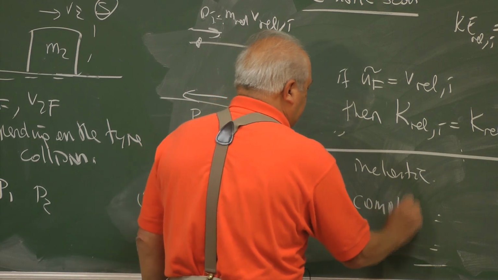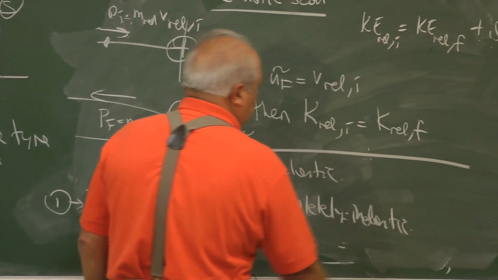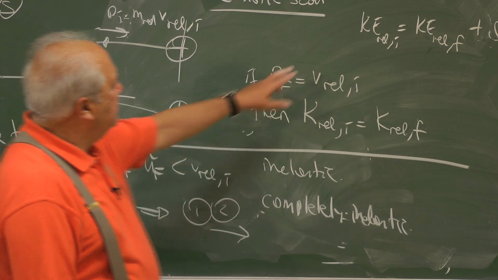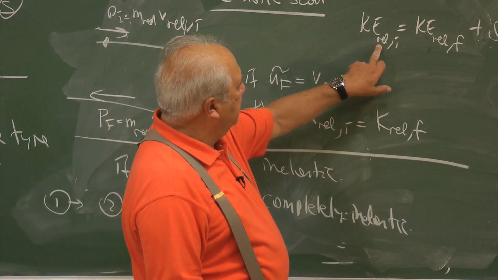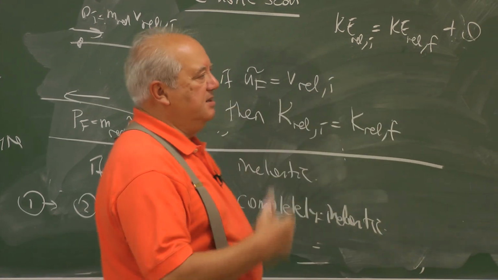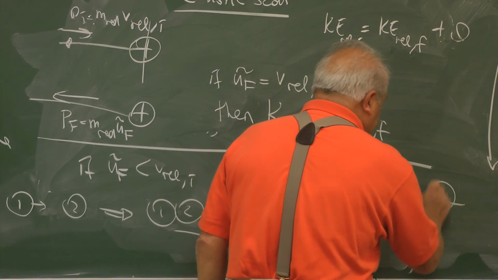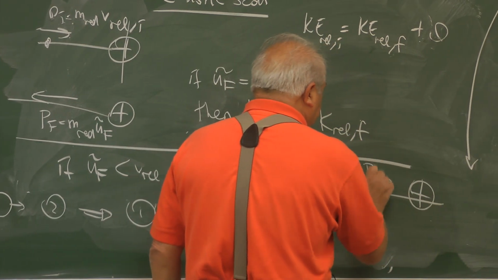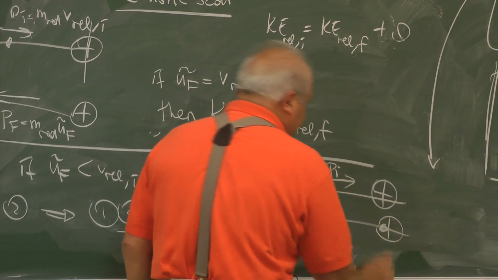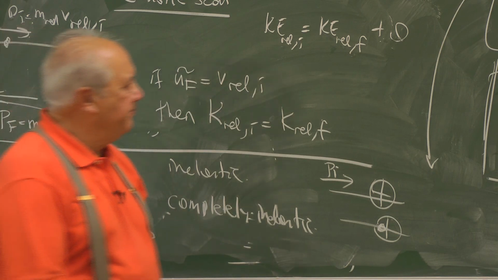That means all of the Q is equal to initial relative kinetic energy, and relative kinetic energy in the final case is 0. That means if you look at the picture, this is the P initial, and finally, well, we are here and it's not moving anywhere. Okay, the whole kinetic energy is lost.